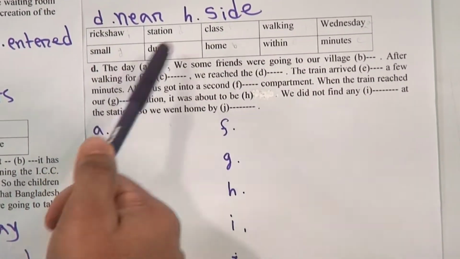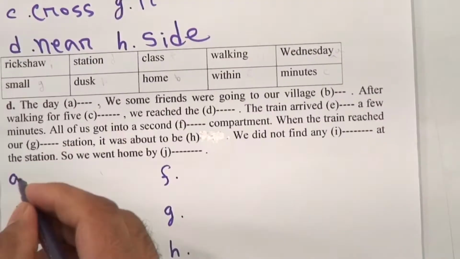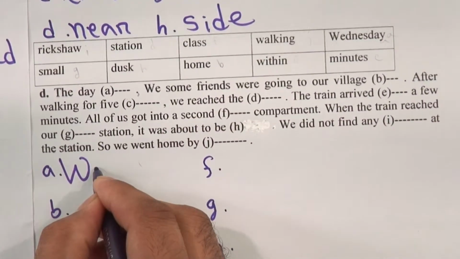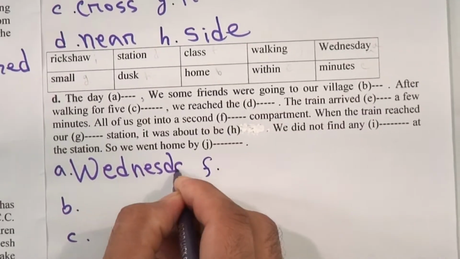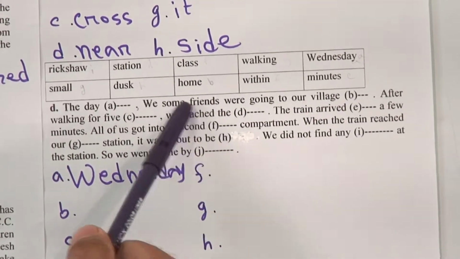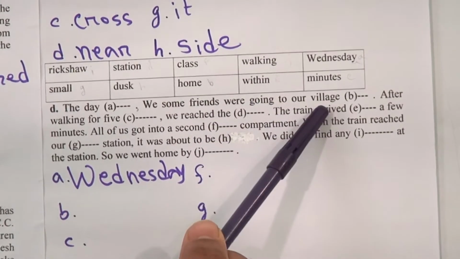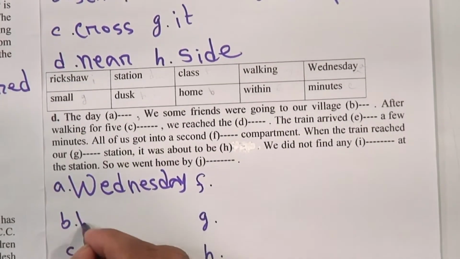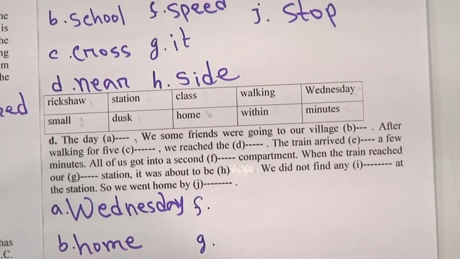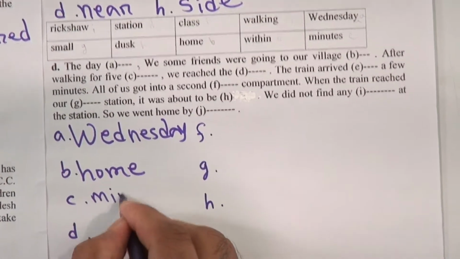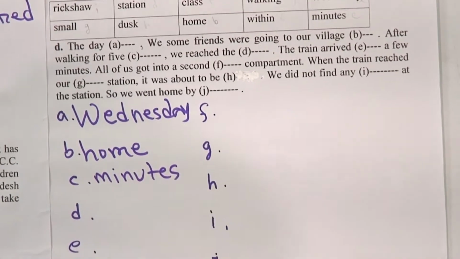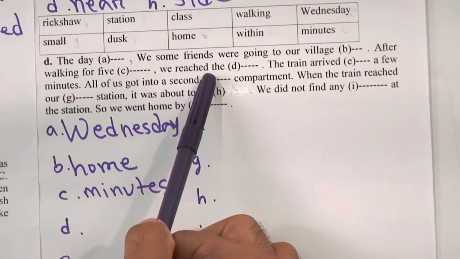The day is what? The day is Wednesday. Okay, what happened then? With some friends we are going to our village home. Then after walking for 5 minutes, what happened?